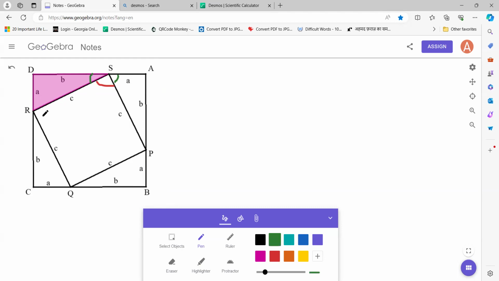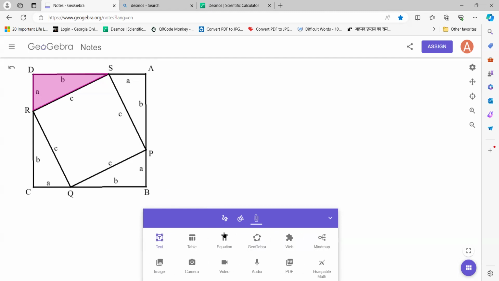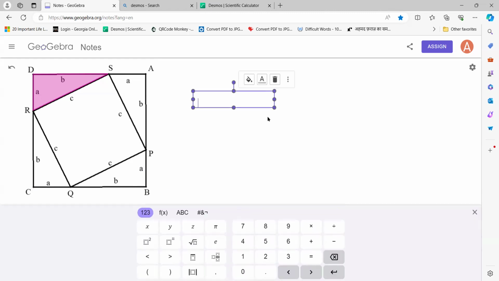So PQRS is a square, ABCD is a square, and what we're going to do is very similar to what we did in our last proof. We are going to claim that the area of the big square, well, it's not a claim, it's obvious, must equal the area of the little square plus the sum of the areas of the four triangles. So what's the area of the big square ABCD? It's A plus B squared.